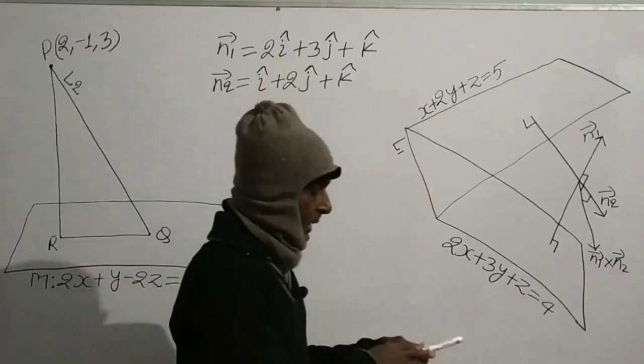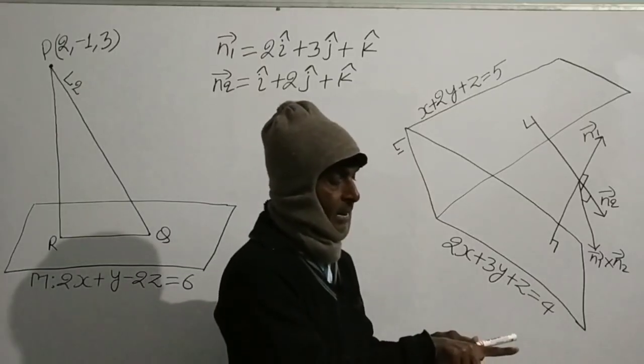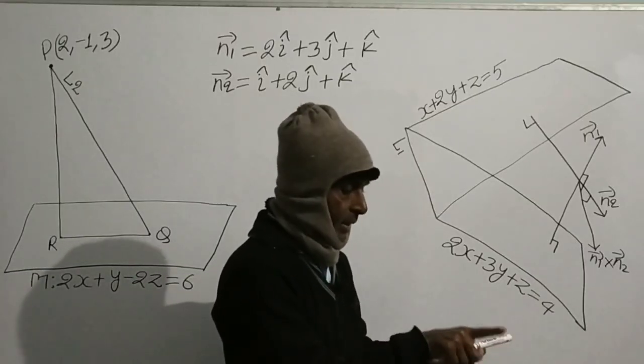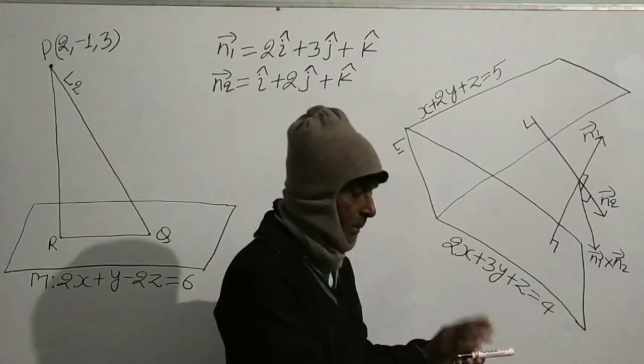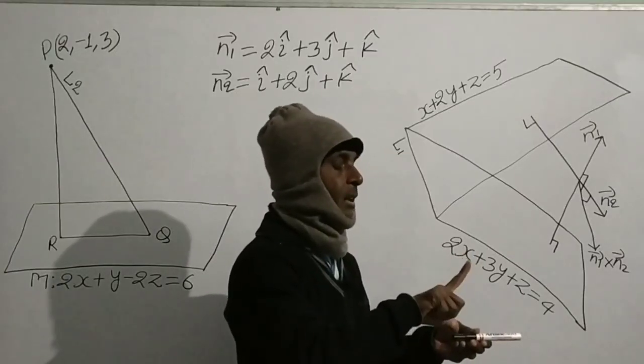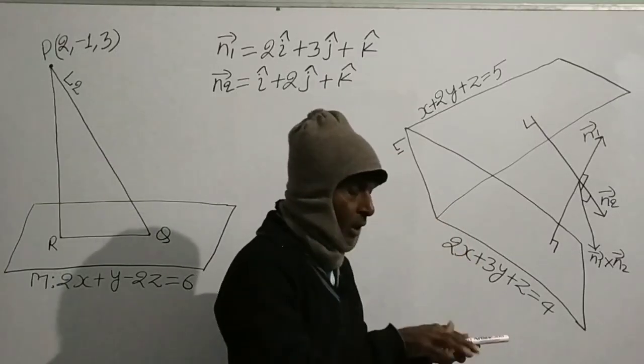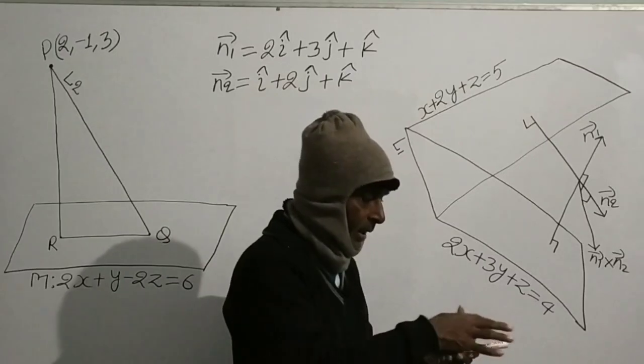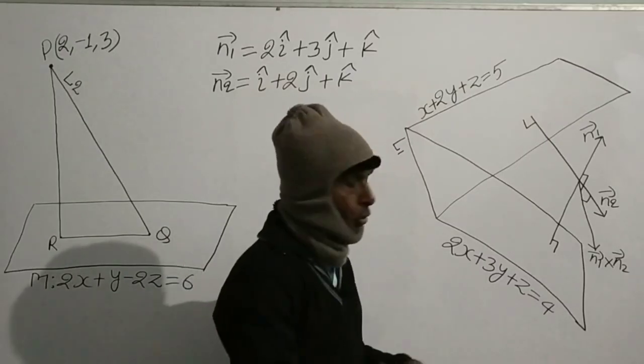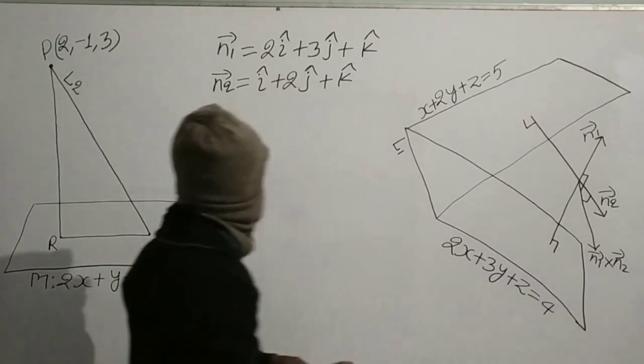If this is a vector, this is a vector, then this vector cross this vector is this vector which is perpendicular to this vector and also perpendicular to this vector.